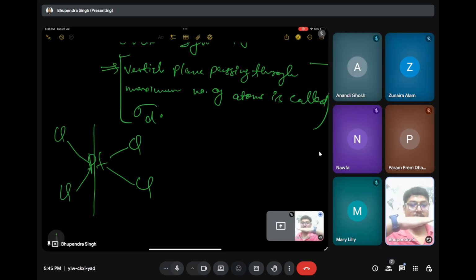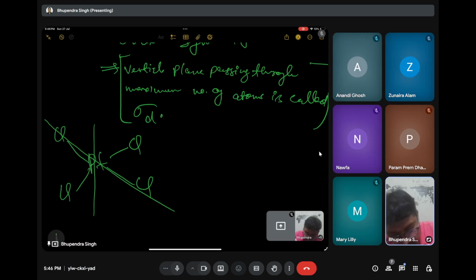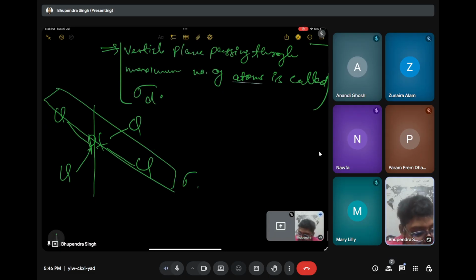But if a plane is going like this, cutting the molecule, then this Cl will be on the plane, because the plane now contains three atoms: this Cl, this platinum, and this one. So this is your plane. If it is like that, then you can consider this as sigma d.